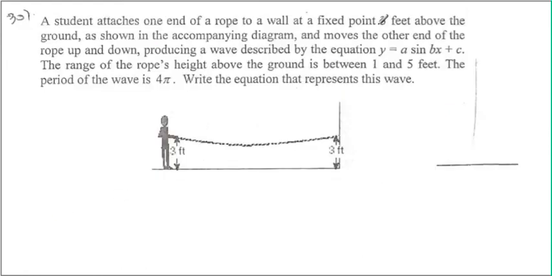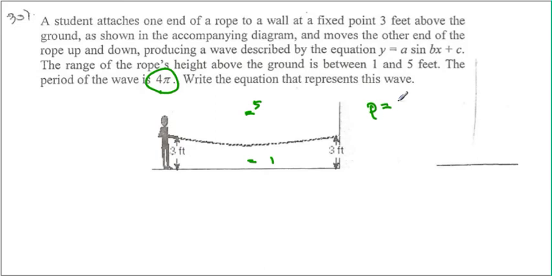Now here, 3 feet above, and then in that way, okay. So the range of the rope's height goes between 1 through 5 feet. That means that's the amplitude from 3. That means we're going to go as high as 5 and as low as 1. That means from 3 we're going to go up and down by 2. So therefore A will be equal to 2. And period is 4 pi.